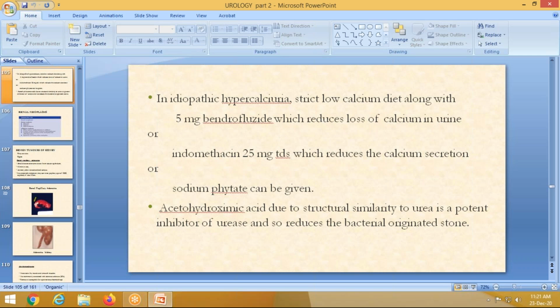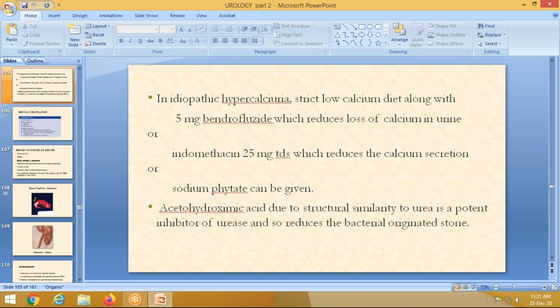So what should I teach in the next class? Sir, so far you have covered the renal system. Shall I start the bladder chapter?